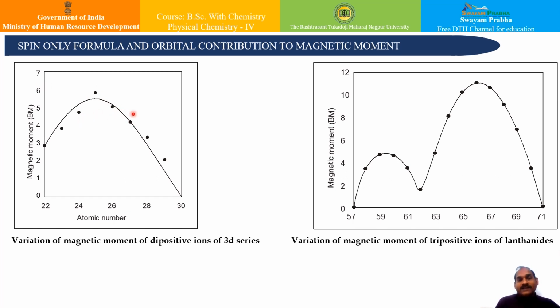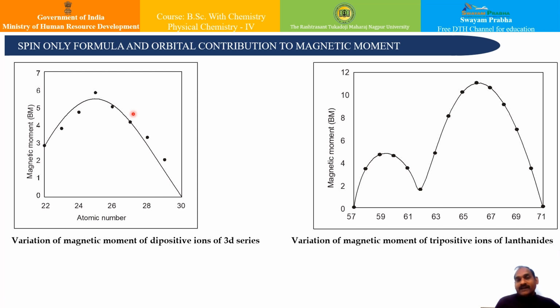Now in case of tripositive ions of lanthanides, it is expected that gadolinium should have the highest value of magnetic moment as it has 7 unpaired electrons. But the case is not so simple in lanthanides. Why? Because of the orbital contribution to magnetic moments, it does not respond as you are expecting. This is so because the 4f orbital is 2 shells deeper, and so the orbital motion is not quenched by the ligand orbitals.